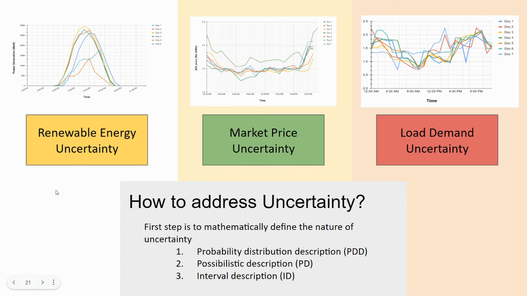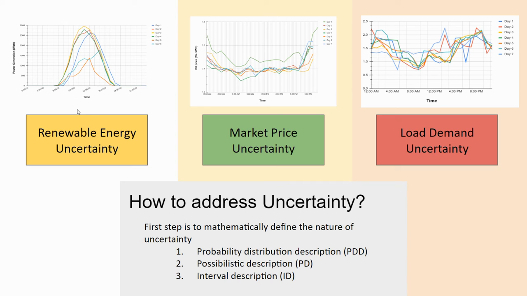So here in these three plots, the renewable energy uncertainty, market price uncertainty, and load demand uncertainty have been shown, and how they are varying. The renewable energy generation for 6 different days has been shown for IIT Hyderabad.